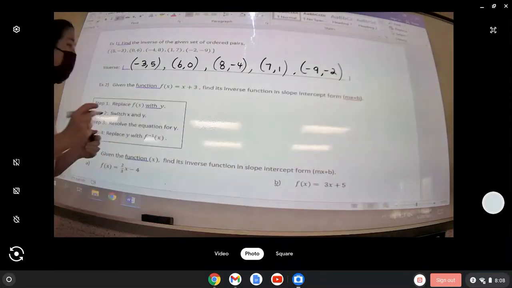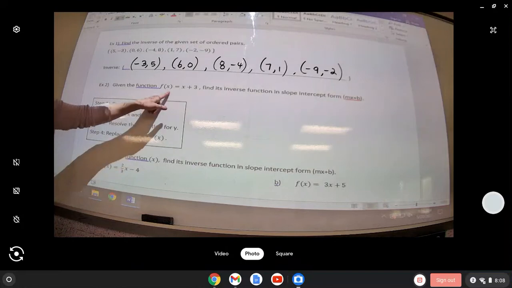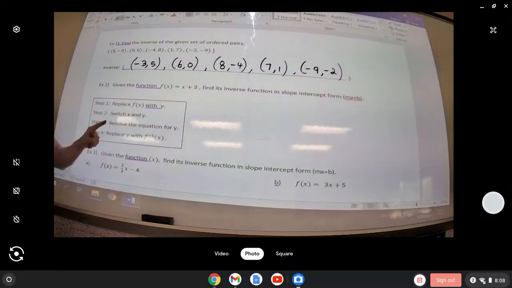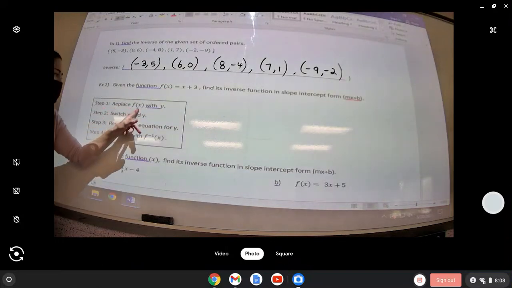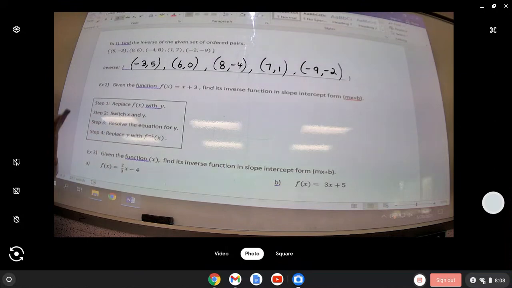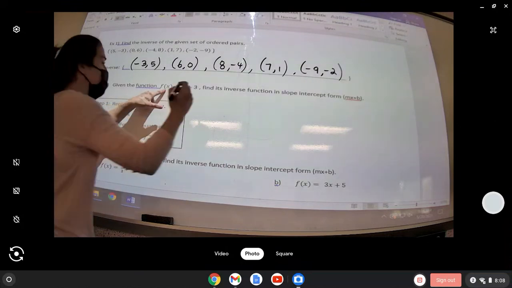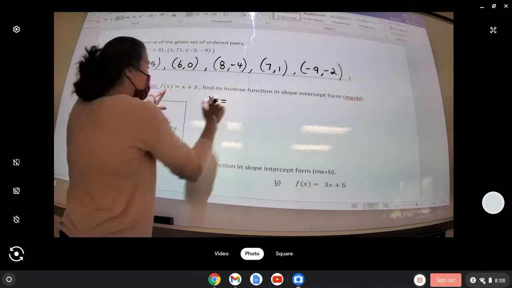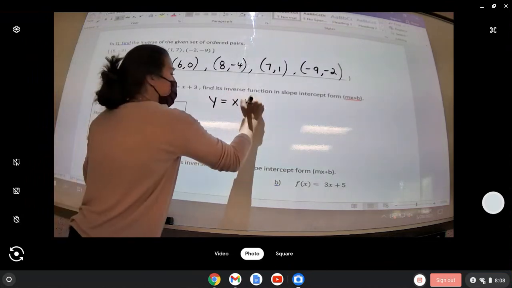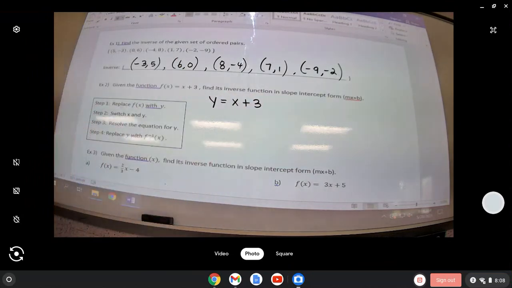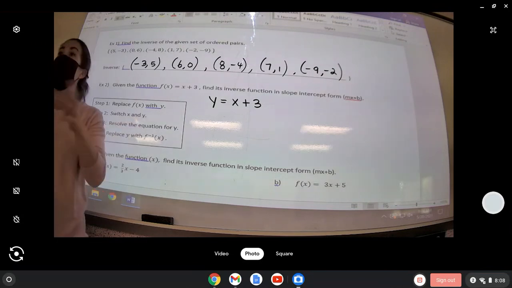All right, so guys, if you want to find an inverse, take the original function, which is f of x equals x plus 3. Well, guys, remember, f of x is y, right? So replace f of x with y. So rewrite this as y equals x plus 3. All right, so now we're looking at it with x and y instead of f of x and x. All right, well, if we're going to create an inverse, then we need x and y to trade roles.